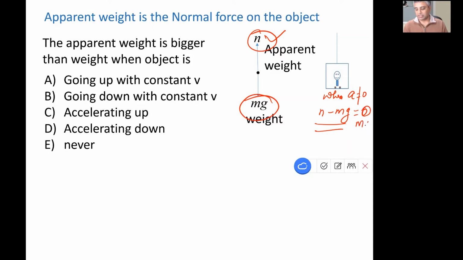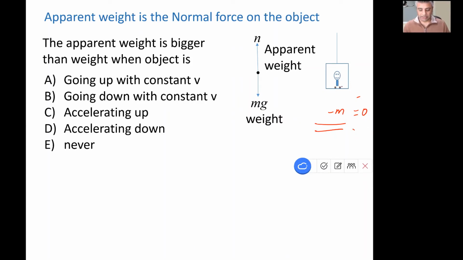It's going to be m times a. And is this going to be negative or positive? That depends on our choice of coordinates and whether it's going up or down. So that's how things change based on Newton's second law. And we saw in the elevator, the weight was briefly changing when the elevator was stopping, okay? So now here is a question for you.